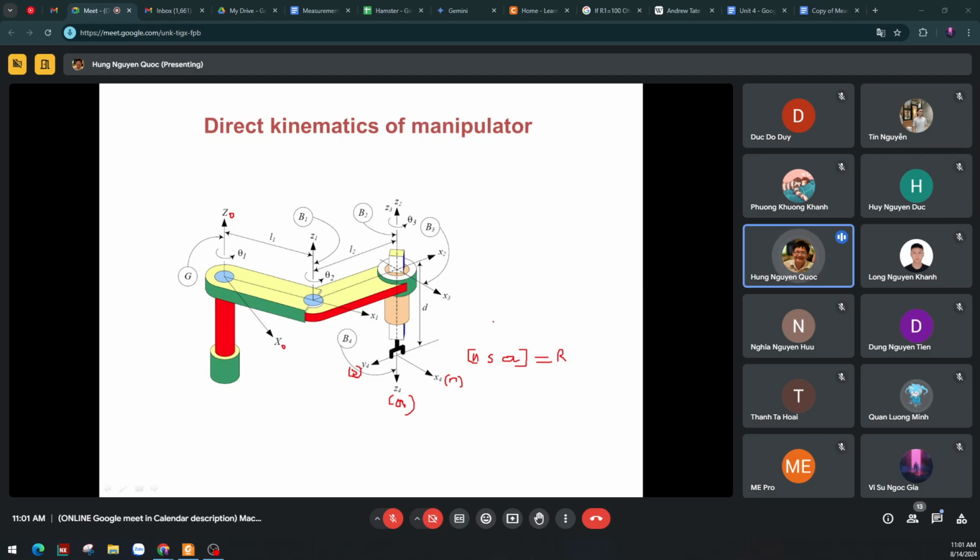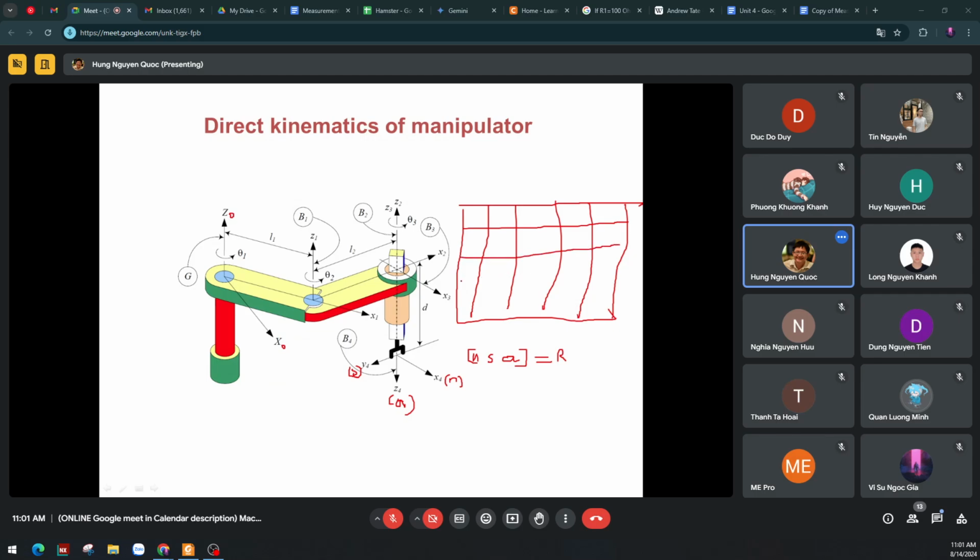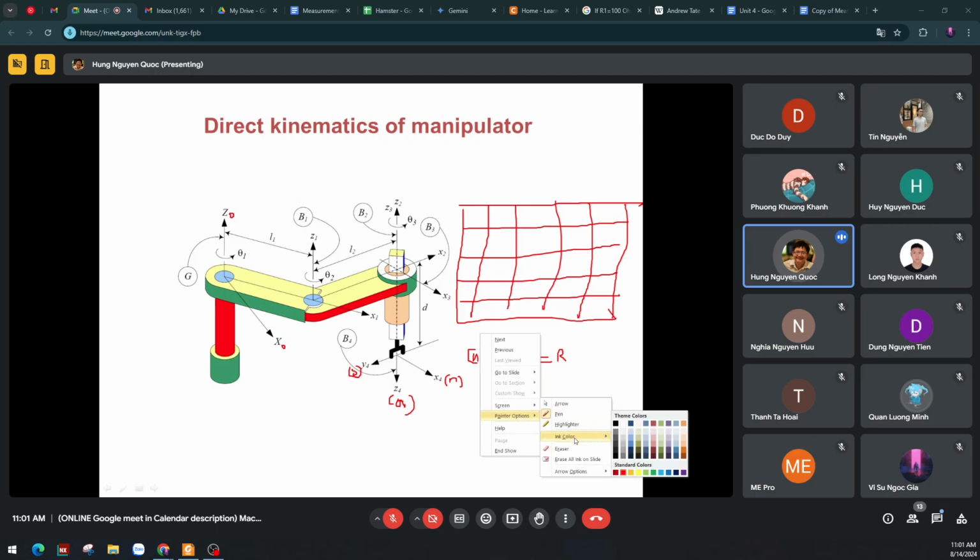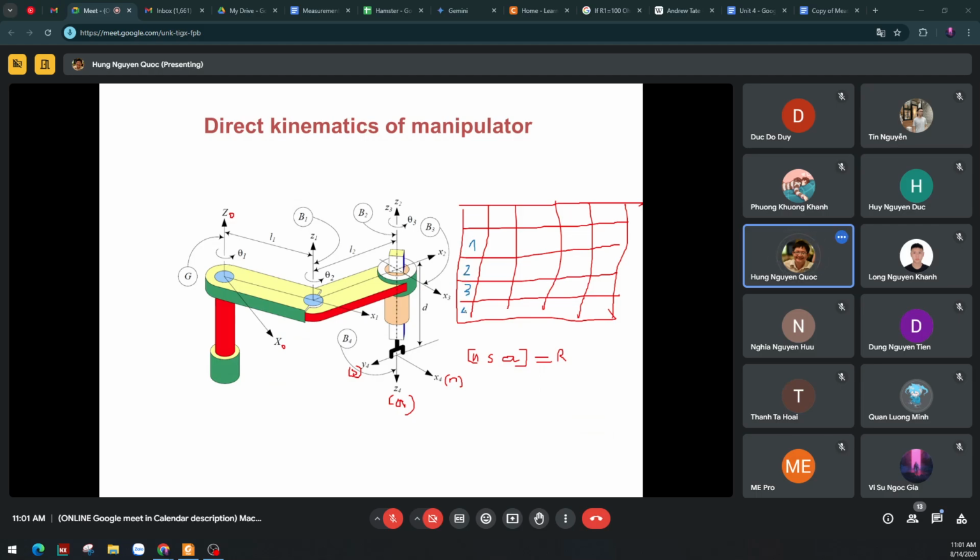Can you help me to fill in this table? 1, 2, 3, 4, A, alpha, D, theta.